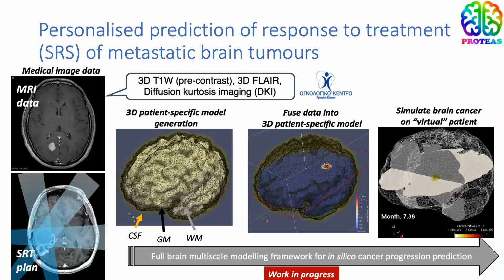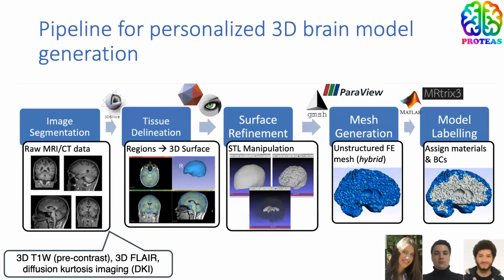But in terms of modeling, which is my thing, so to say, we want to use different modalities, T1 with contrast, diffusion data, etc., as well as the treatment plan data, to build the 3D model of the brain, the tumor, the healthy region, the tumor region, the necrosis, the edema, and then run it on a high-performance computer in order to simulate the response to the patient treatment.